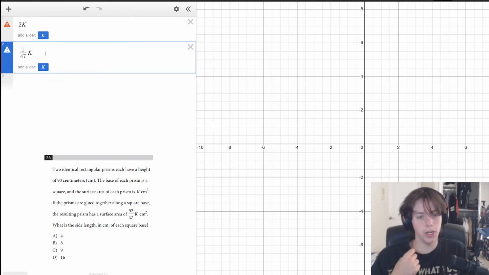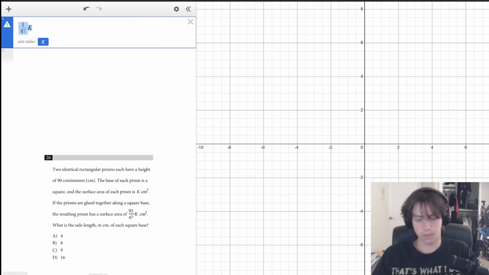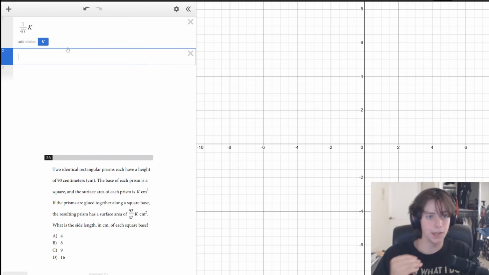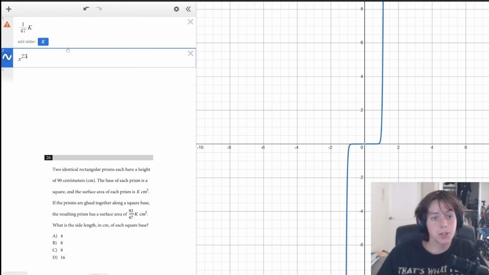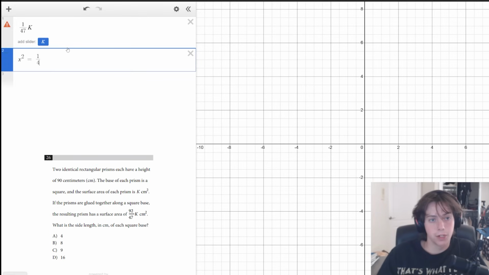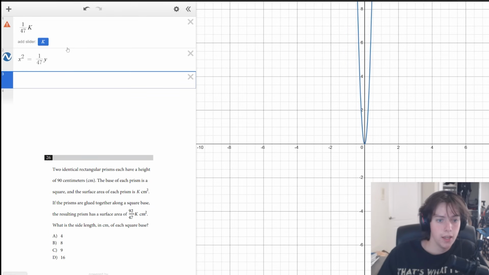So in these questions, like I've always said, you always have to rewrite it as y and x. So we know that k is, let's just say k is y, and let's call x the side length of a square base. So we know that x squared, one square base, would be 1/47 times y, right? And that's just our top equation.